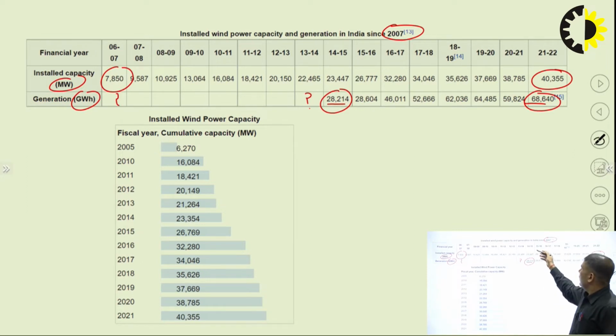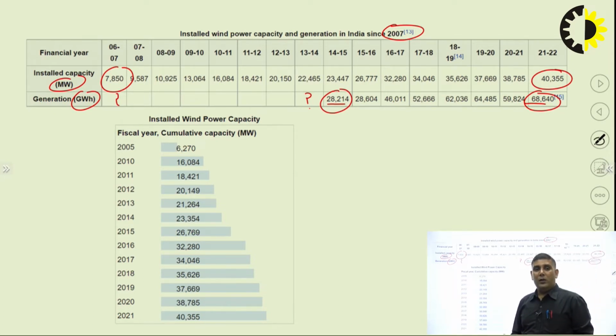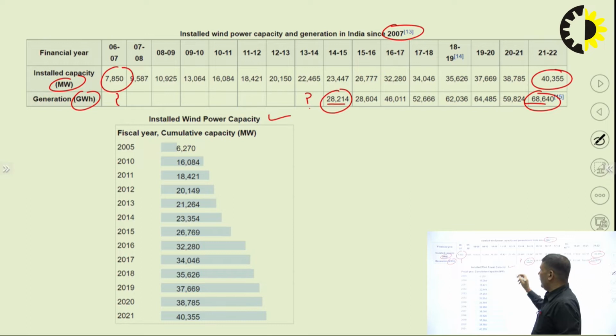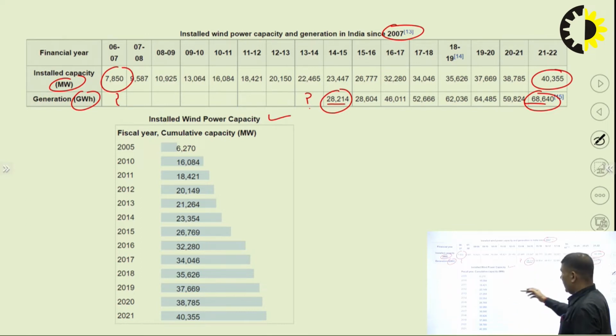In the last 8 years, we have increased by 250%, 2.5 times. That's a very good achievement. So this is the installed wind power capacity. This is the same number.